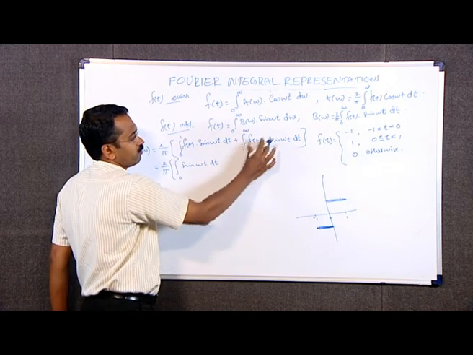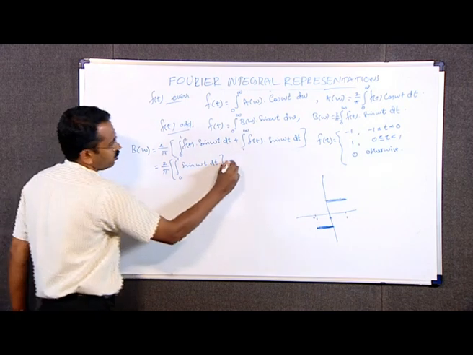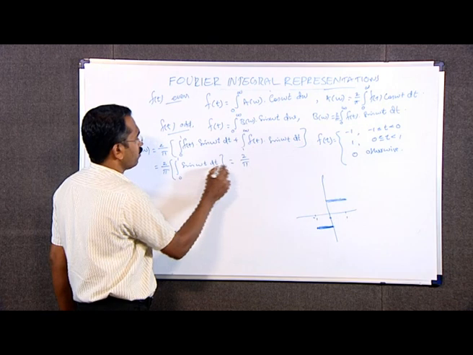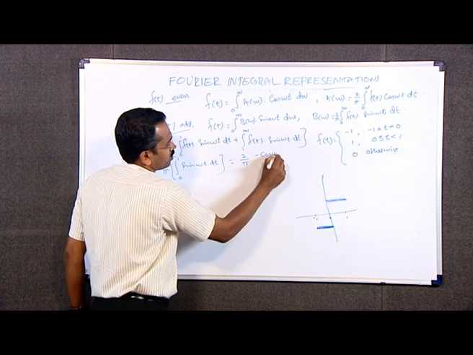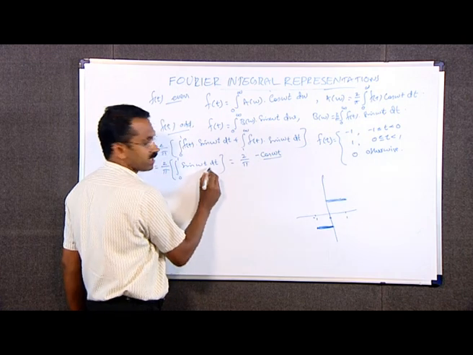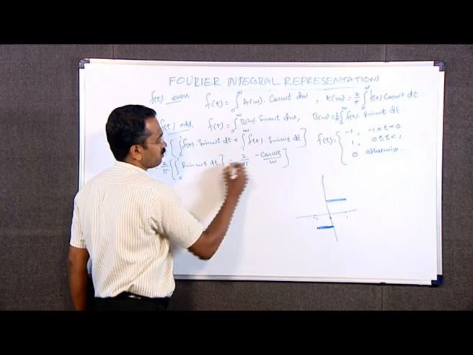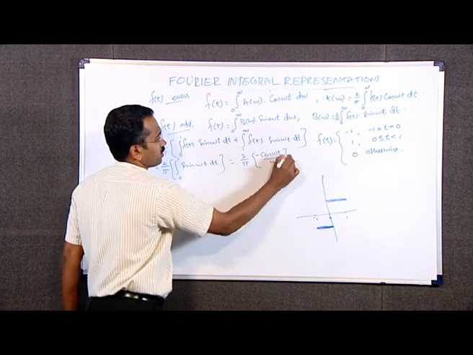Therefore, the value of this integral is 0. This is equal to 2 by pi into the integral of sin omega t, which is minus cos omega t divided by omega, since the integration is with respect to t and the coefficient of t is omega, between the limits 0 and 1.